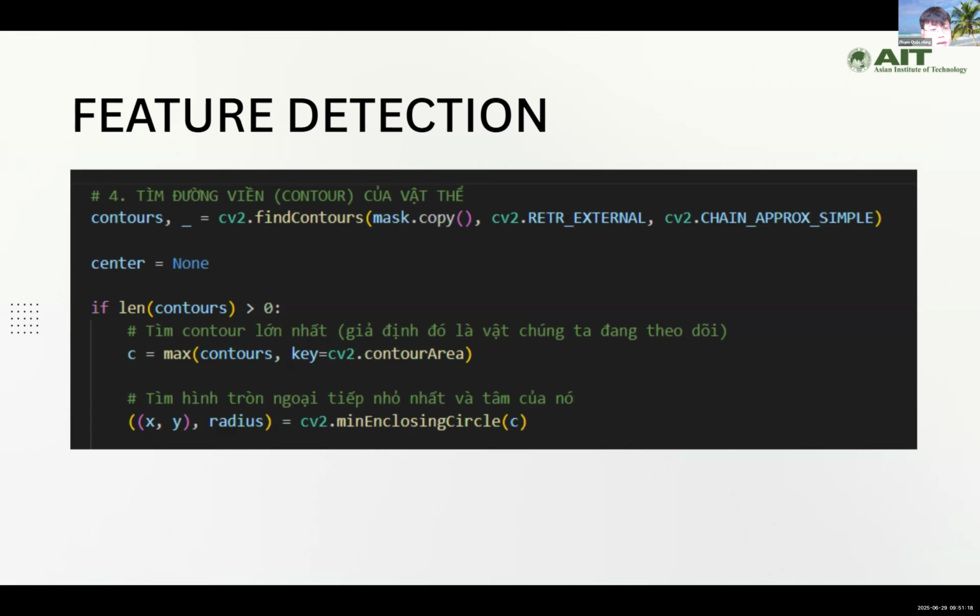Then I pick the max contour, meaning I pick the biggest treasure, the object that has the largest area on my screen, and then I try to find its position.